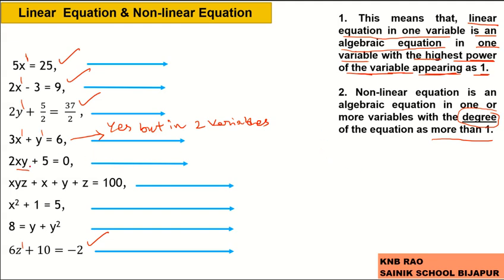So when it comes to this equation, it has two variables, both of them in one term. Here three variables, all three of them in one term. It's an equation in one variable but the power of the variable is 2. Here it is also an equation in one variable but the power of the variable y is 2.